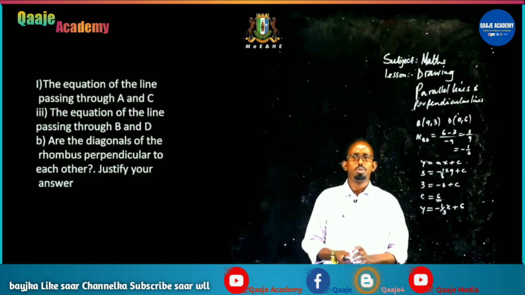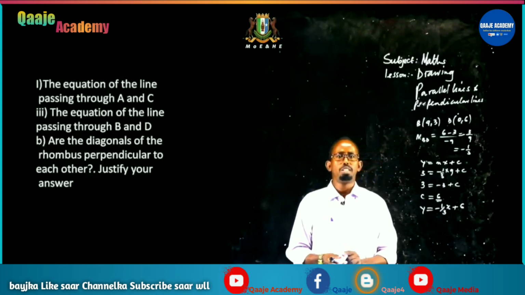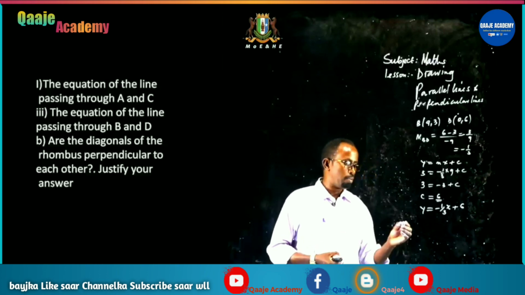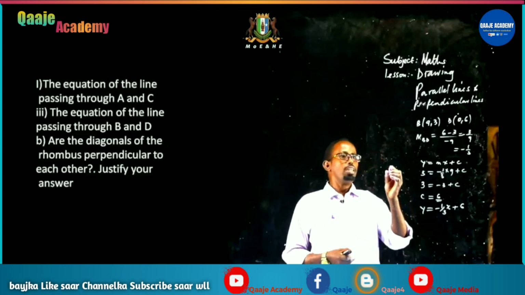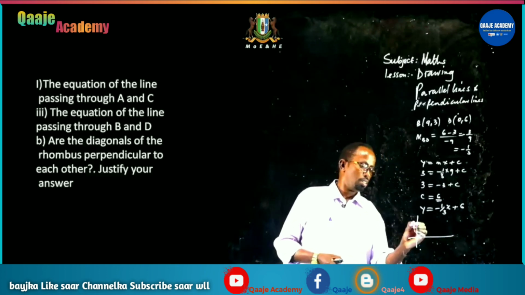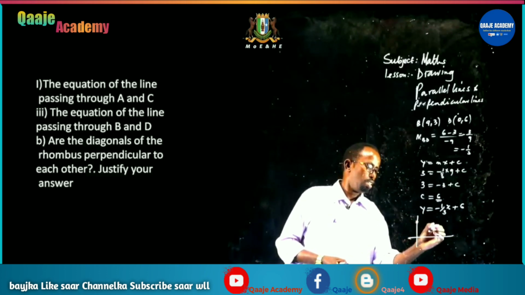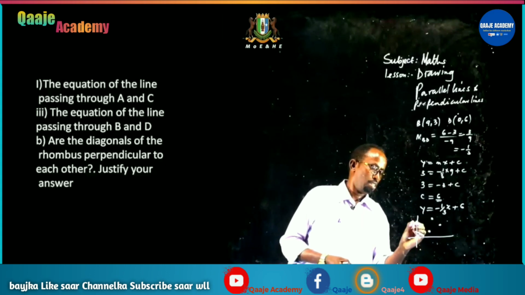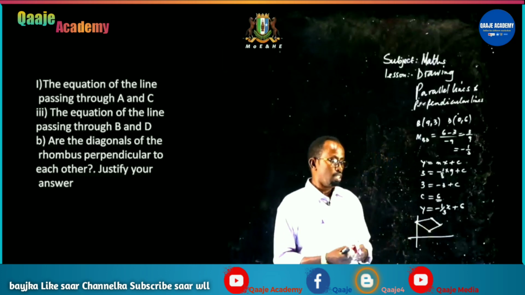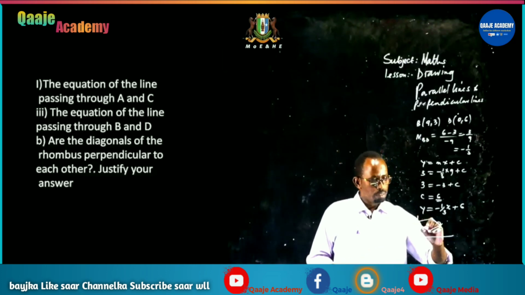Okay, the last one: are the diagonals of the rhombus perpendicular to each other? The rhombus was something like this, with that shape.